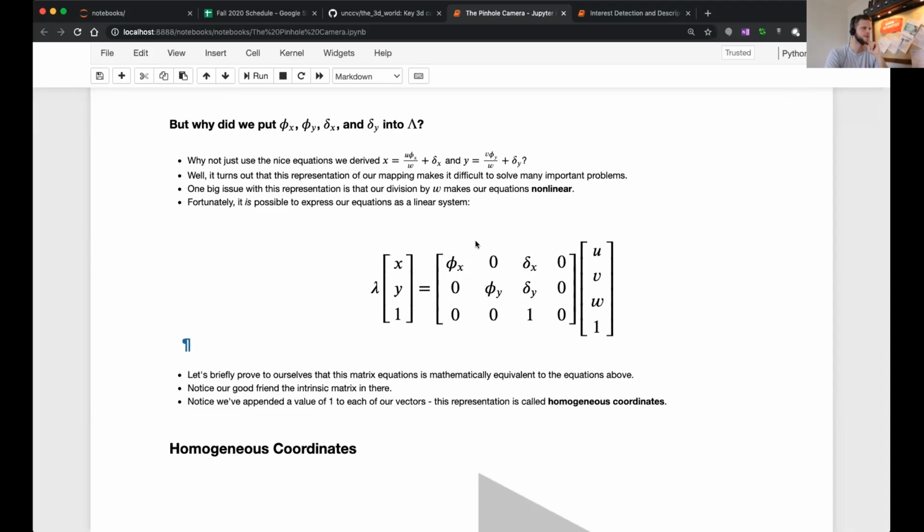Here's our intrinsic matrix right here. Notice that I've added this column of zeros. Don't worry about that too much right now; we'll talk about that in a little bit. What I want you to pay attention to is U, V, and W. What were U, V, and W last time? What do they represent?